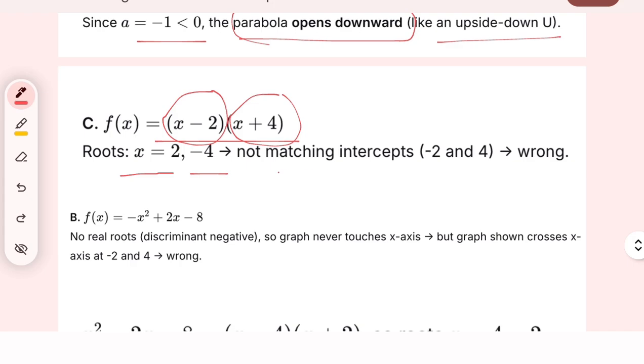And this doesn't match our intercepts. Remember, our graph intercepts at negative 2 and positive 4. Here we have x equal to 2 and minus 4, which is wrong. So that means letter C is not the answer, because it doesn't match the given diagram of intercepts, right?